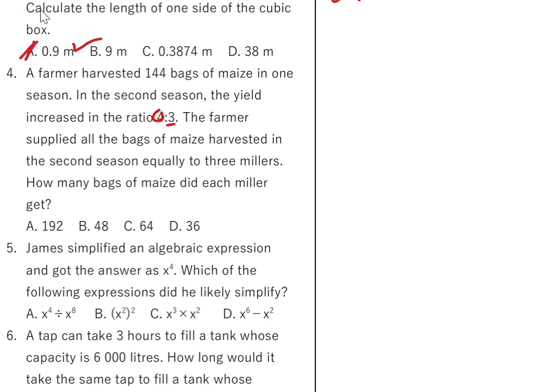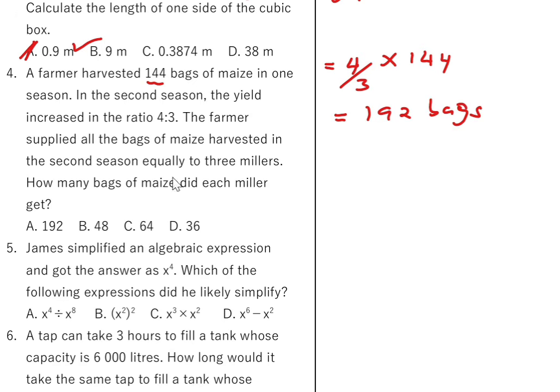So to get the increase, just take the ratios the way they are. So it will be 4/3 multiplied by 144 bags. So 4 over 3 times 144. You see it is 182. So it is 182 bags. You can see the bags have increased.